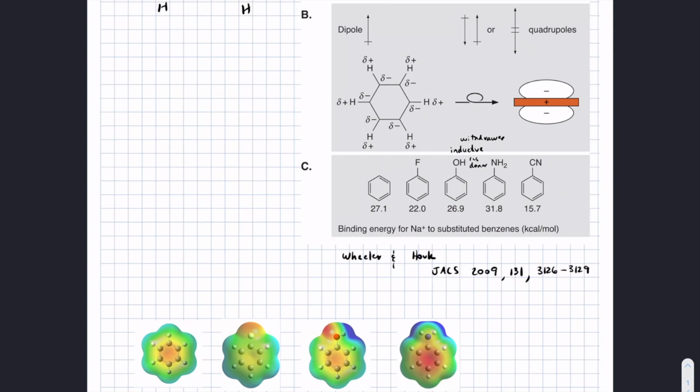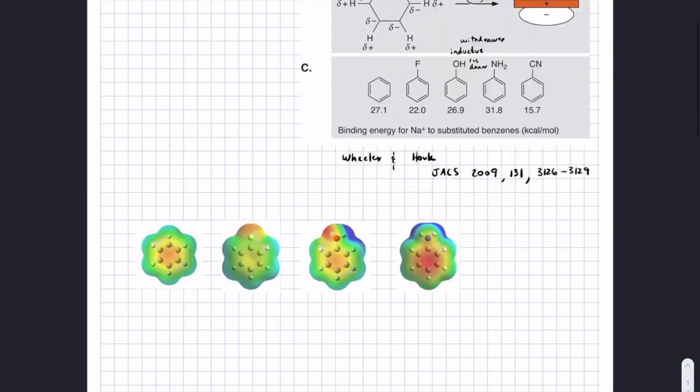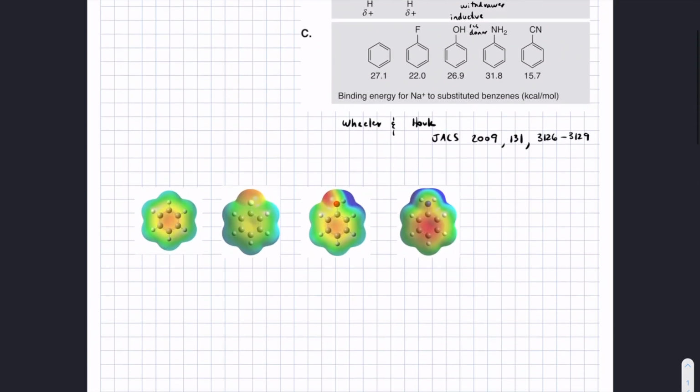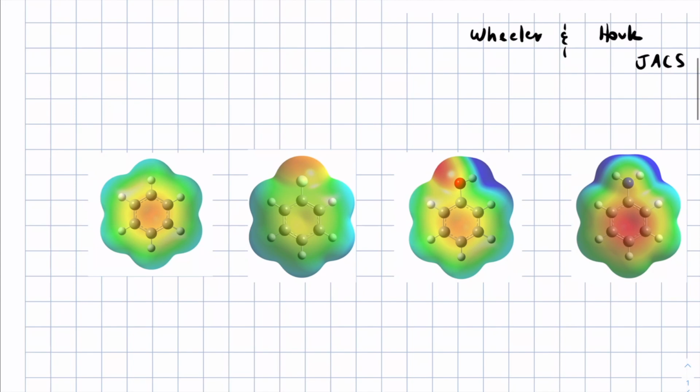Okay. A couple other things that pi systems can do. Just as we've talked about how the faces of arenes are electron rich, the edges tend to be electron poor.